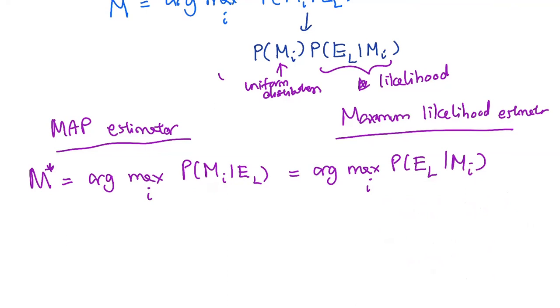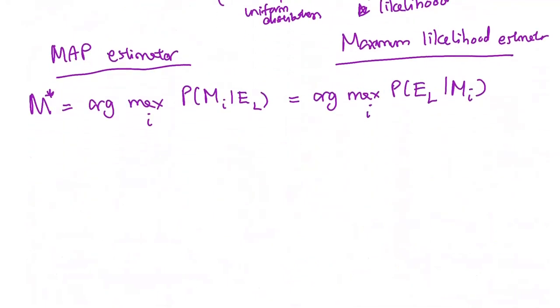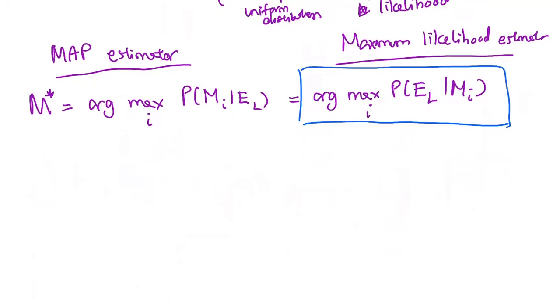Okay, so ultimately what we learned is what we need to do in order to solve this problem, given these acoustic characteristics, decide which word was spoken, is to find the maximum likelihood, right? So in order for me to be able to compute the maximum likelihood, I have to be able to compute the likelihood.